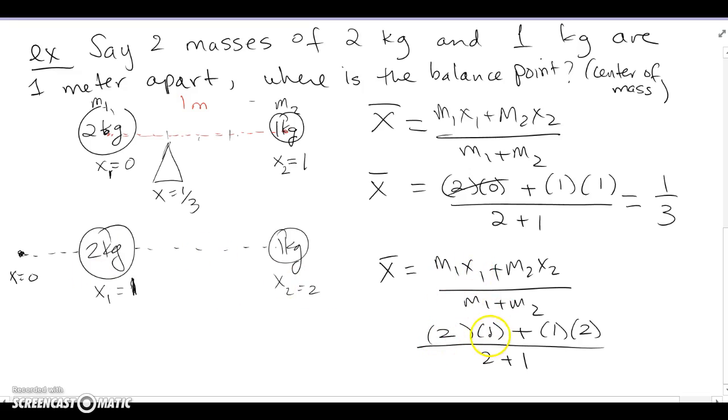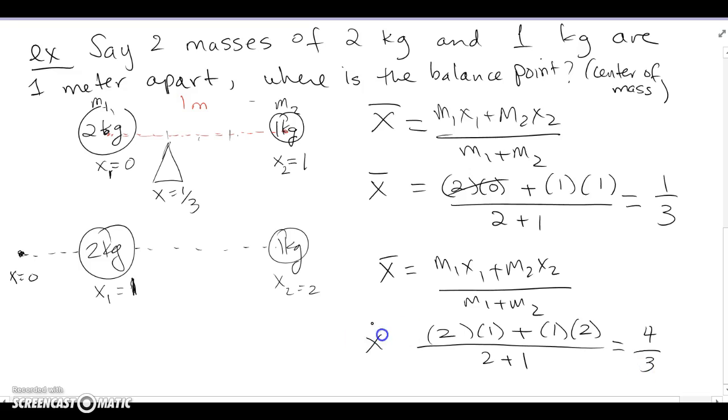M1 is 2, x1 is 1 in this case. M2 is 1, x2 is 2 in this case, because it's actually 2 units away from here, only 1 unit away from here, all over the total mass, and this ends up being 2 plus 2, which is 4, over 3, which is 4/3.